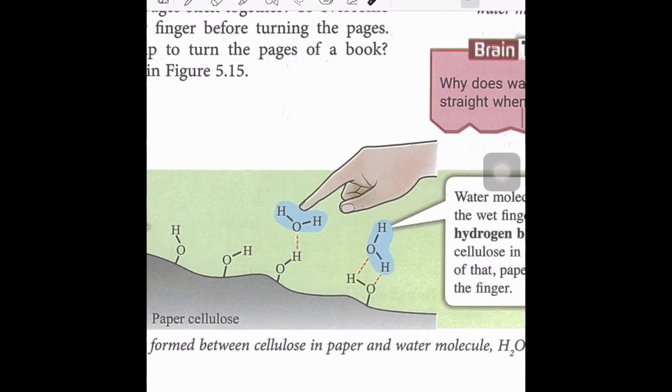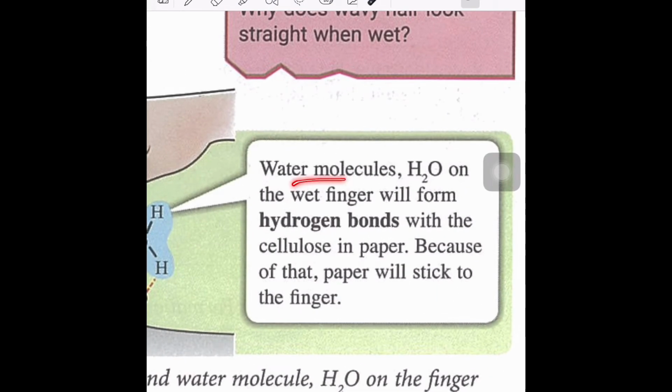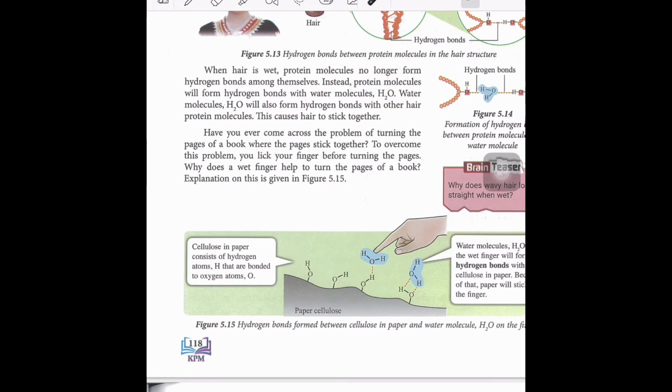Sebab itulah stick. Terus kamu boleh flip kamu punya pages in your books. So water molecules on wet finger, kan air liur, will form hydrogen bonds with the cellulose in paper. Because of that, paper will stick to the finger. Jadi bolehlah you can flip your book.